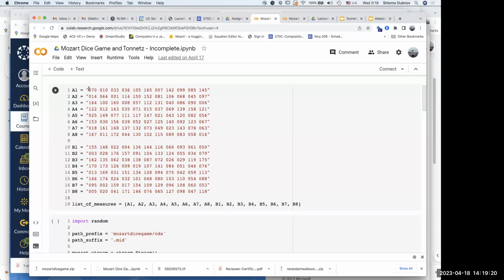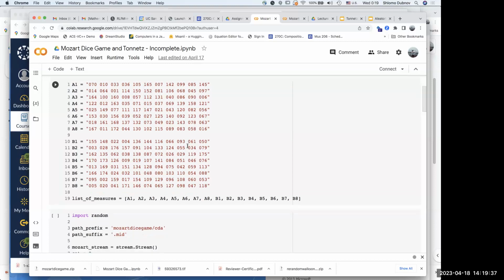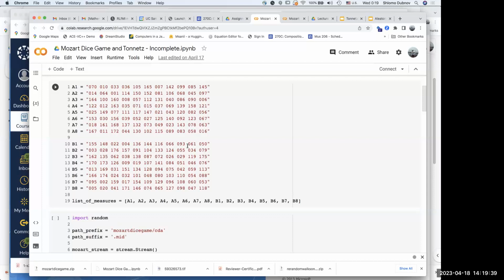In our case, we're not throwing a dice literally. So instead of going from 2 to 12, we go from 0 to 10. But we still have 11 choices. So every bar we make one of these choices. So how do we actually realize the Mozart dice game?